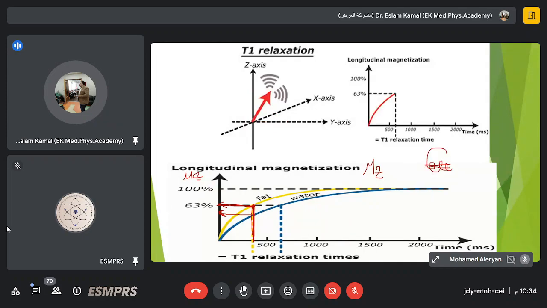This electric current is the induced signal which can be received to be translated to an image. So now at this point, the MZ for fat is higher than the MZ for water, so the induced electric signal for fat will be higher than the induced electric signal for water. Clear or confusing point? Clear.